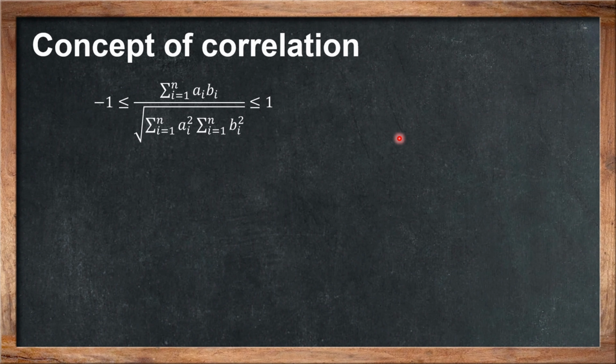Now let's show why we pick exactly this form of the normalizing constant. We take the numerator, which we denote as a sub i and b sub i, so those could be any numbers, and we divide it by the square root of the sum of a squared sub i times the sum of b squared sub i.